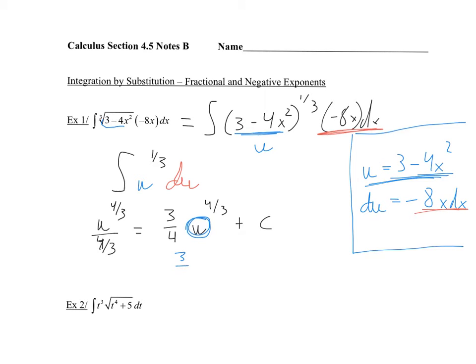So the final step here is to just replace u with 3 minus 4x squared. That whole thing is being taken to the 4/3 power plus c, and we are done. Okay, so that's it. That's all you had to do. You do not have to convert that fractional exponent back into radical form. You could just leave it like that.